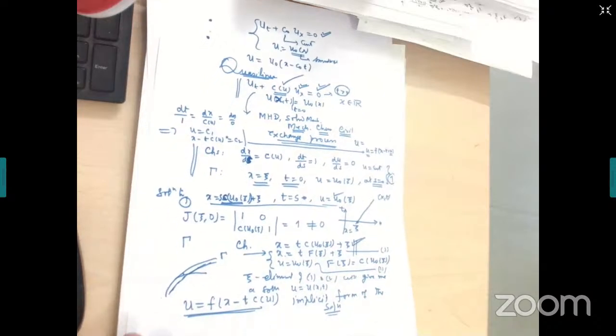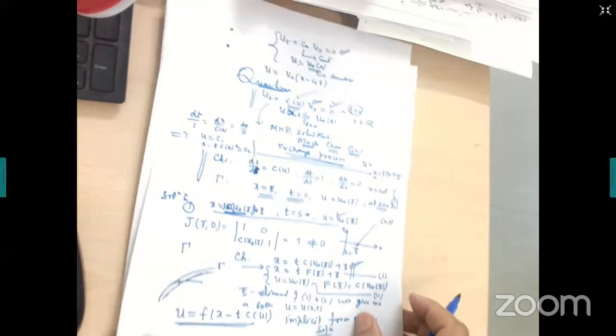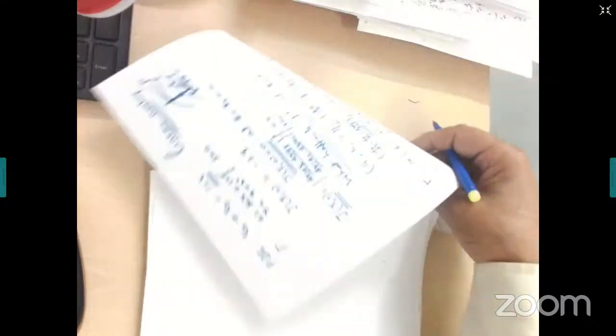So here we have to make use of the implicit function theorem. I will talk about this a little later, but let me find out what the solution is. Let me write that this is the solution at any time t.